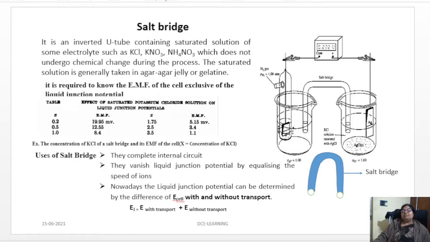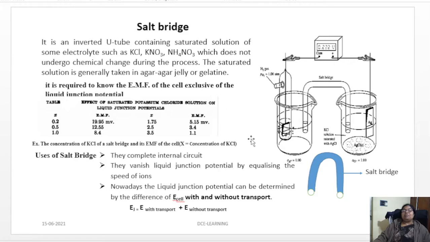In aqueous solutions containing mercury, silver chloride or thallium, we are not able to use potassium chloride in the salt bridge, because potassium chloride is easily reduced under those conditions.